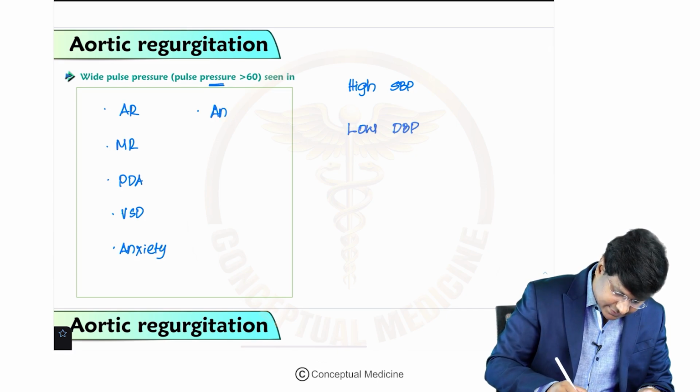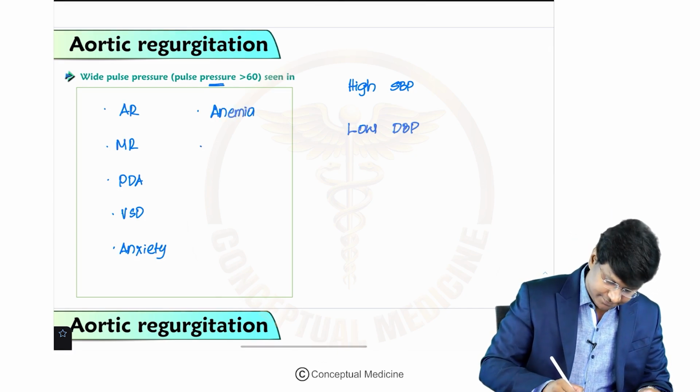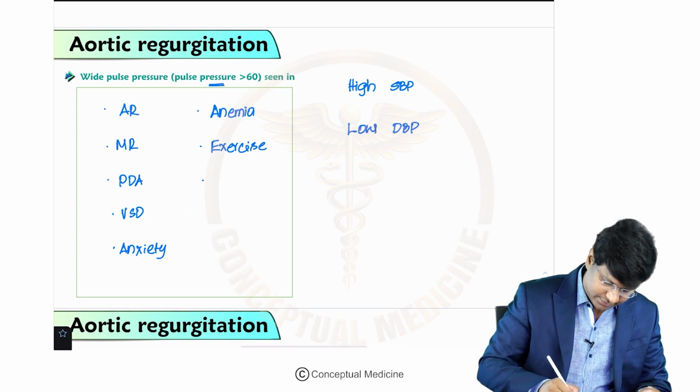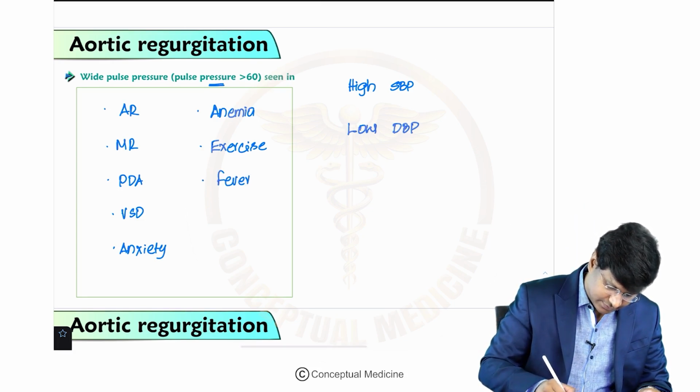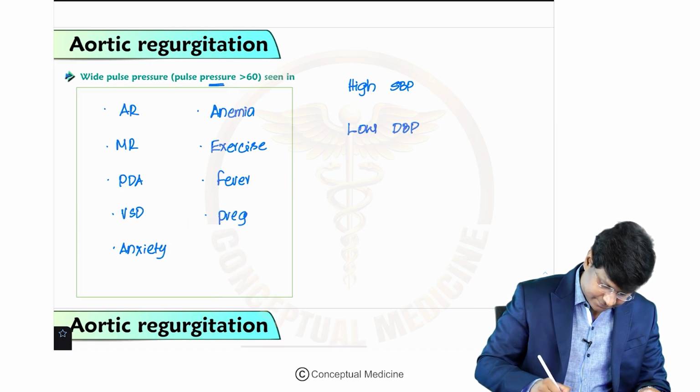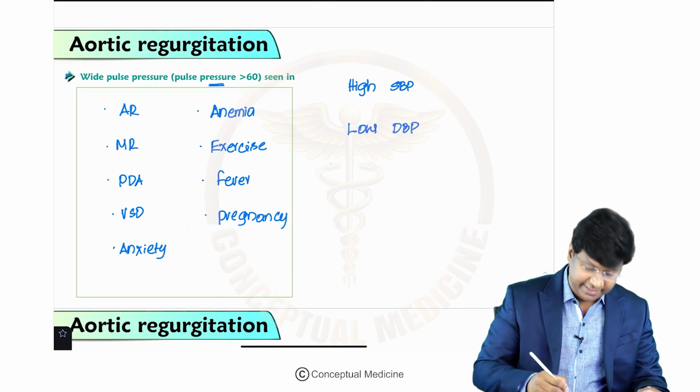followed by anemia, exercise, fever, pregnancy, then AV fistula.